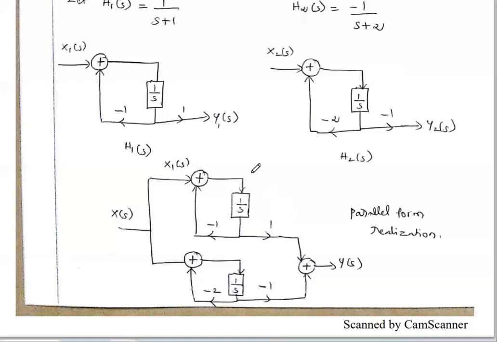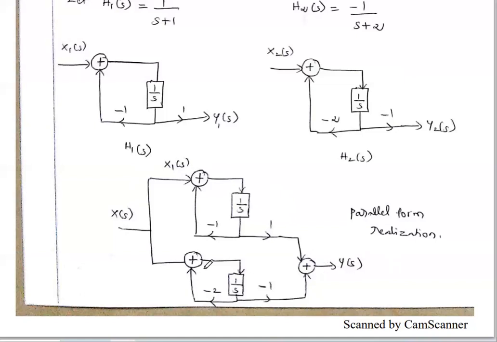Series means the output of the first system is given as input to the second system, and the output of the second system is the resulting output. In parallel form, two systems are connected in parallel, so the same input is applied to each system, and both outputs are added, and this is the resulting output.